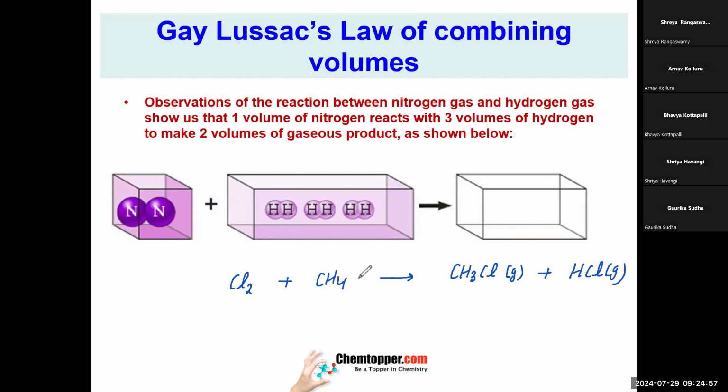All of them are gases. If I give you 20 liters of Cl2 gas, can you tell me 20 liters of Cl2 gas will react with how many liters of methane? Methane is this one.